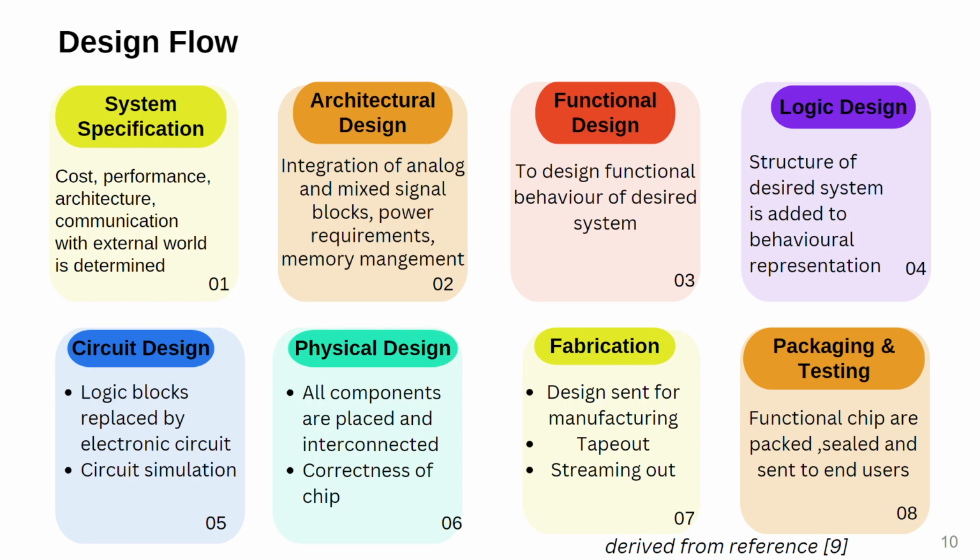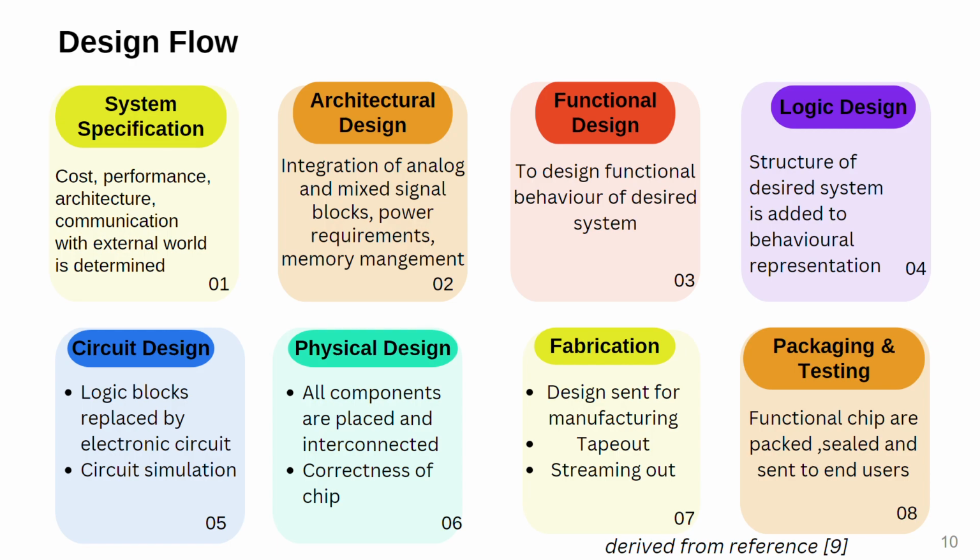Moving on to the design flow. These are the general steps involved in the design flow. The first one is system specification, then architecture design, functional design, logic design, circuit design, physical design, fabrication, and packaging and testing.